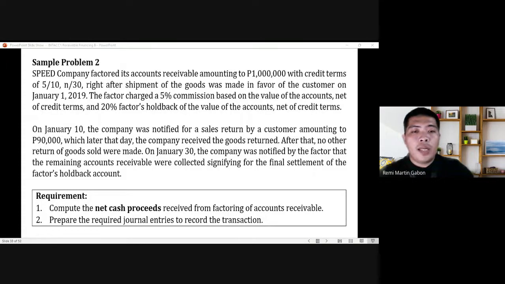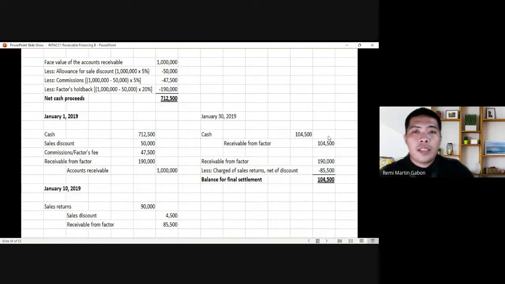Okay, so to journalize, we debit cash and credit receivable from factor 104,500. How did we arrive at 104,500? The initial amount of 190,000 less the amount charged due to sales return net of discount, 85,500.